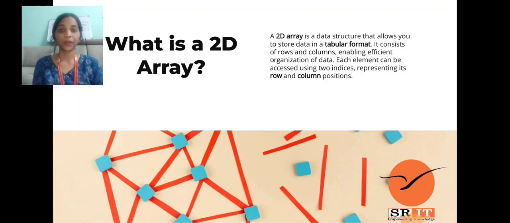Then, what is a 2D array? A 2D array is a data structure that allows you to store data in a tabular format. It consists of rows and columns, enabling efficient organization of data. Each element can be accessed using two indices, representing its row and column position.